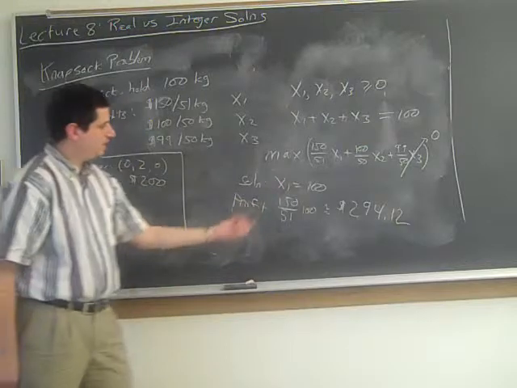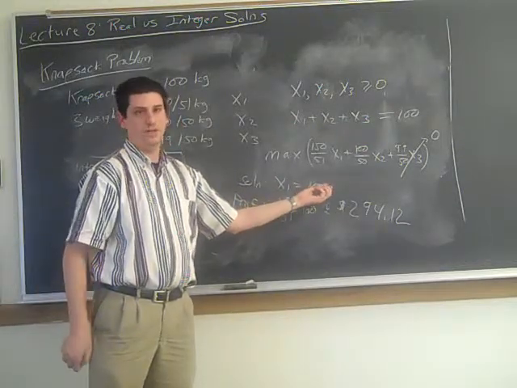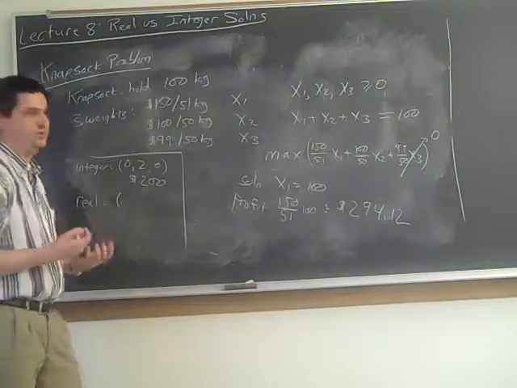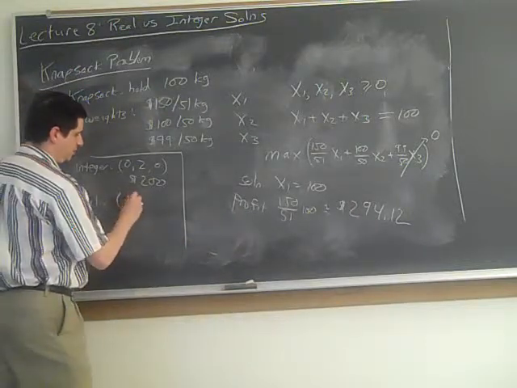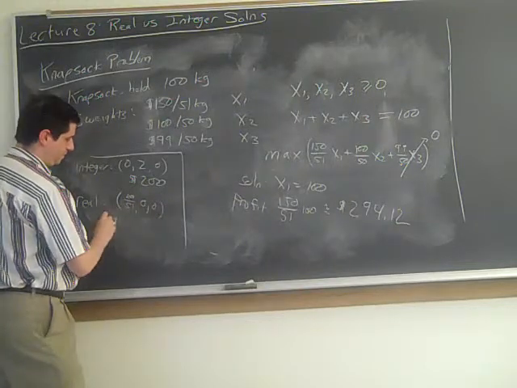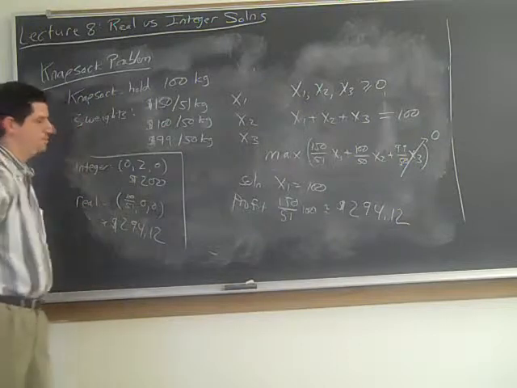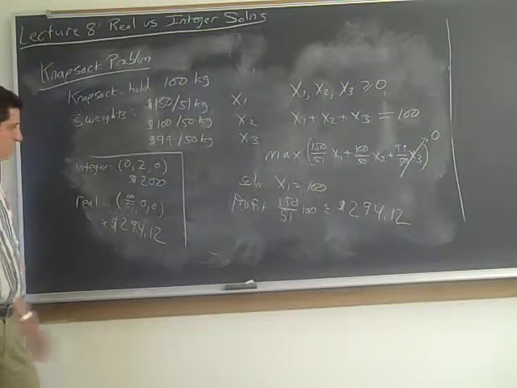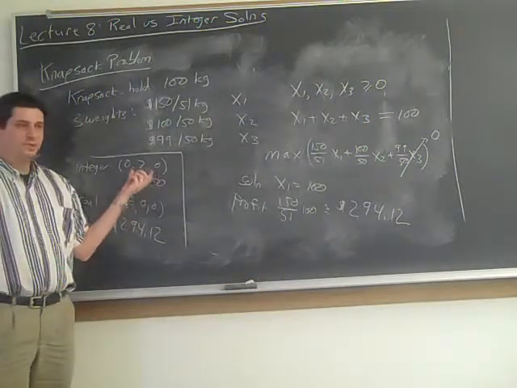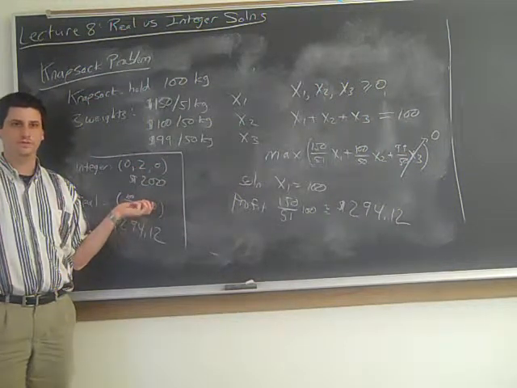And so I should really be dividing this in some sense by 51 to say exactly how much of a 51 unit we have. This would be 100 over 51 unit, 0, 0 for a profit of approximately $294.12. So the question is, is the optimal integer solution close to the optimal real solution?